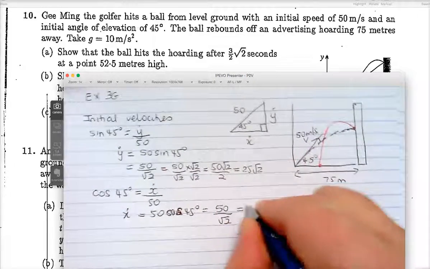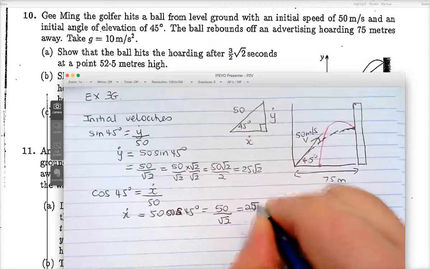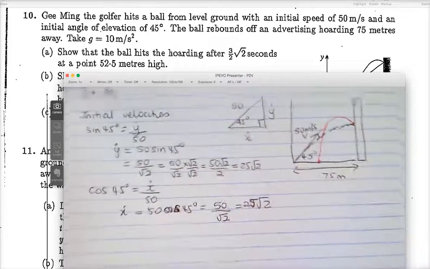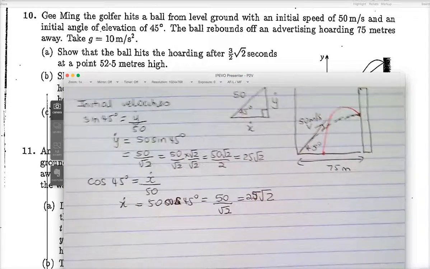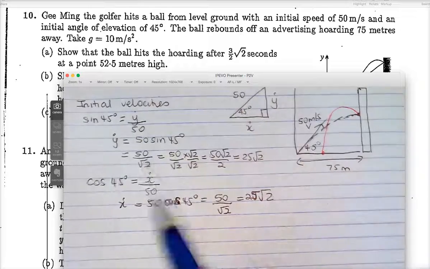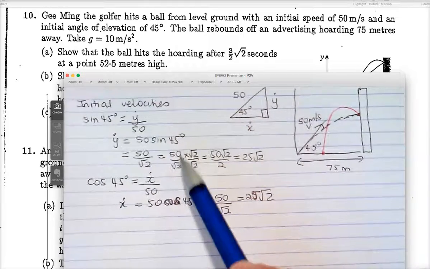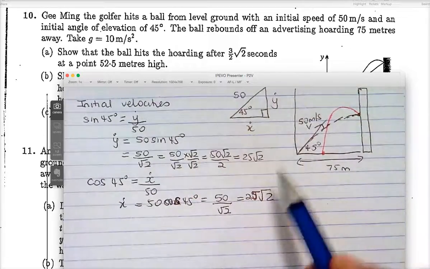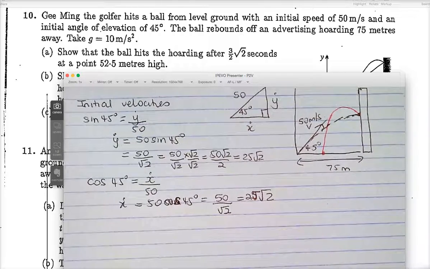So therefore this one's also 25 root 2. They're both 25 root 2, which is much easier to work with than 50 on root 2.